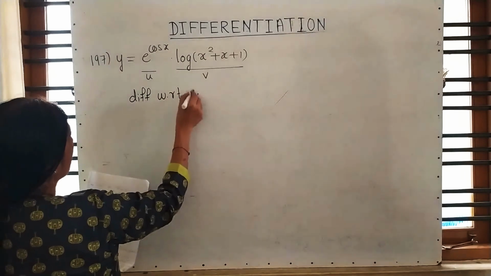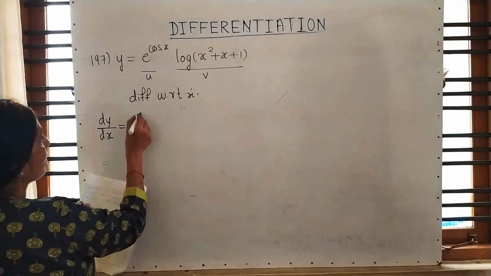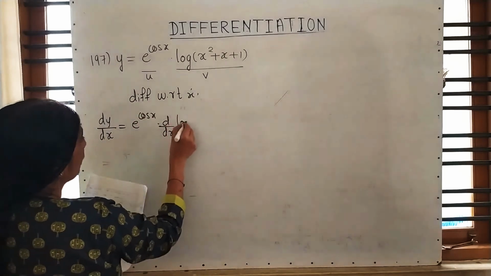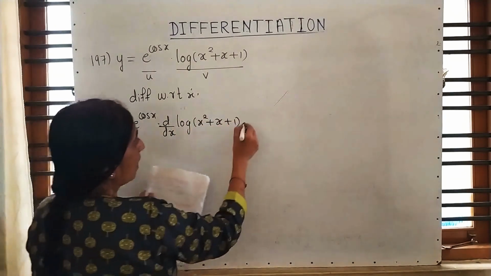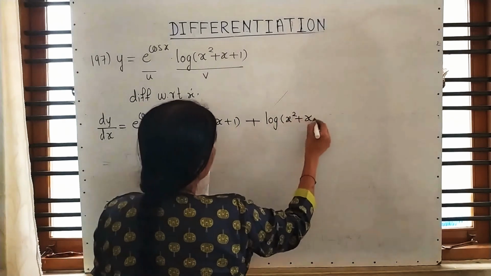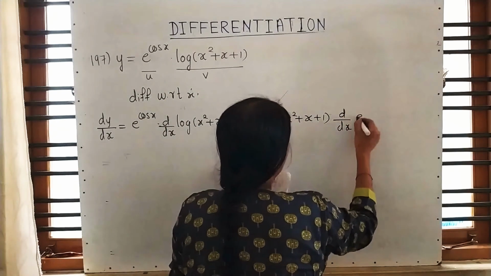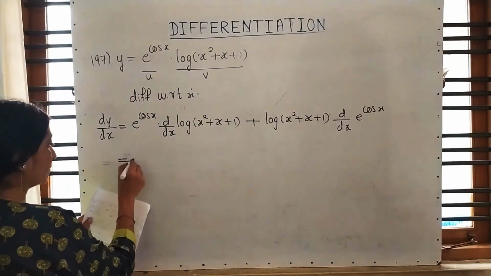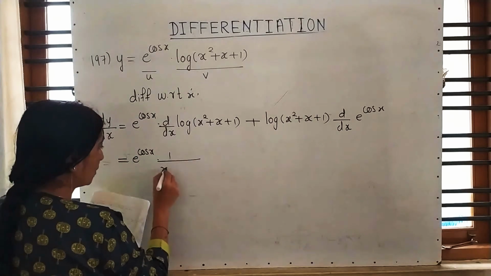Differentiating with respect to x, e raised to cos x into differentiation of log of x square plus x plus 1, and middle plus, because in u into v, middle plus comes. e raised to cos x as it is, differentiation of log is 1 upon the same.